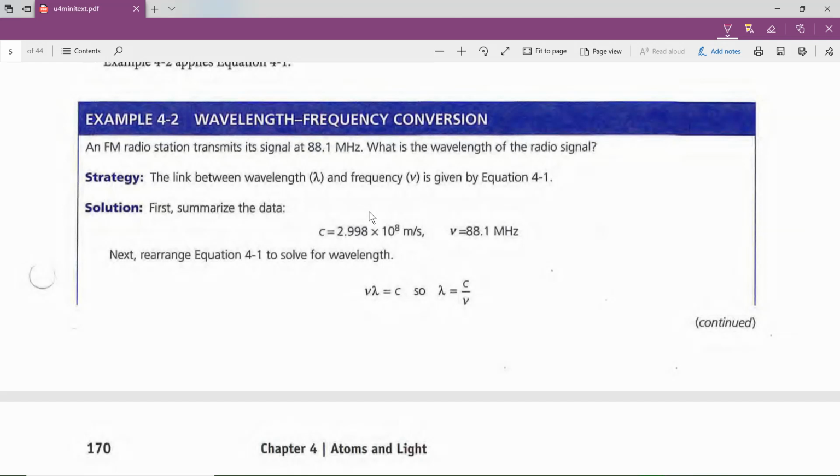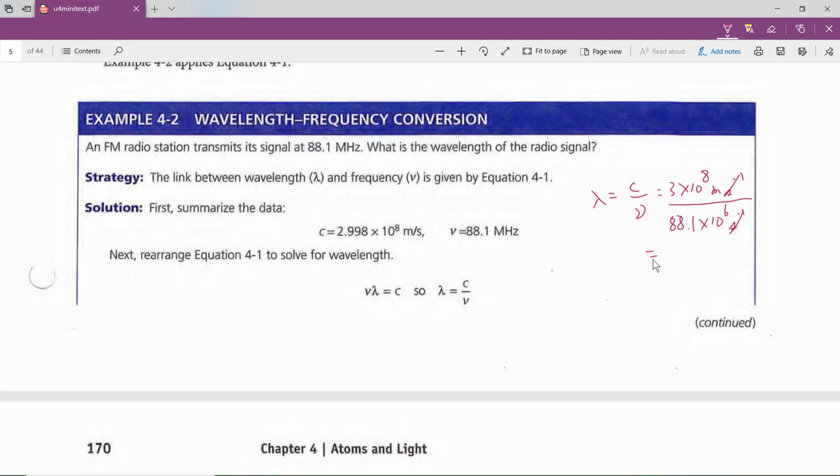So c equals lambda nu, so lambda is c divided by nu. C is the speed of light, 3 by 10 to the 8th meters per second. And nu is the frequency, 88.1 megahertz. Mega is 10 to the 6th, so 88.1 by 10 to the 6th hertz.